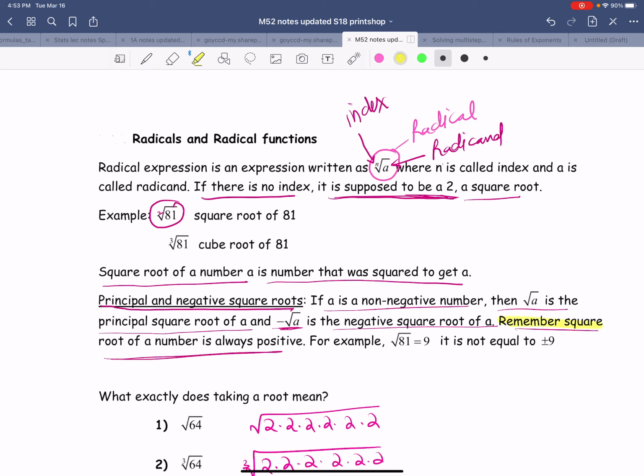For example, the square root of 81 is only 9. It is not plus or minus 9. Square root of 64 is only 8 because 8 times 8 gives you 64. It is not plus or minus 8. And there's a reason why, which we will discuss in a few minutes.